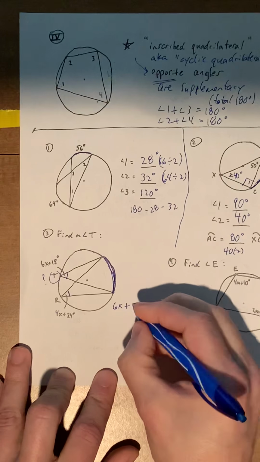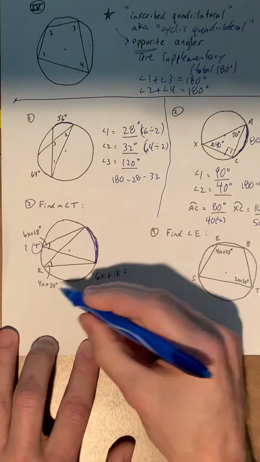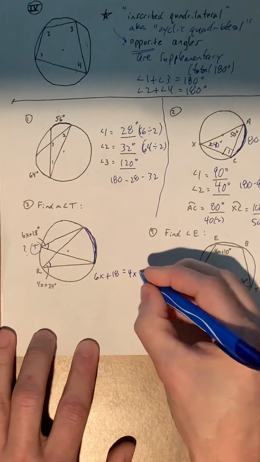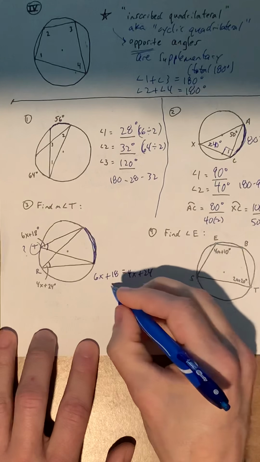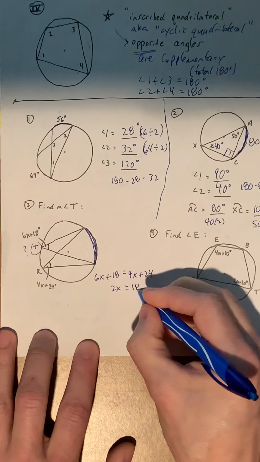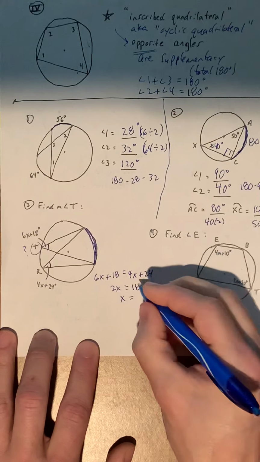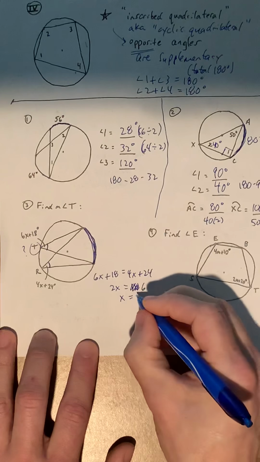So 6x plus 18, set it equal to 4x plus 24. A little bit of algebra here. Subtract 4x to get 2x. Subtract 18 to get 6. And x should come out to be 3.